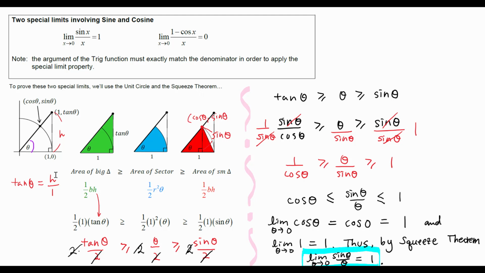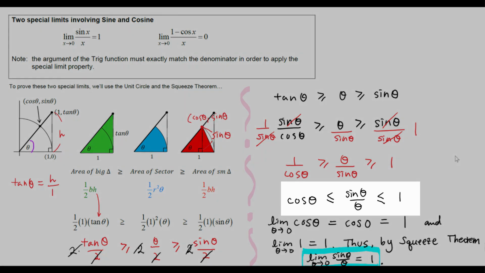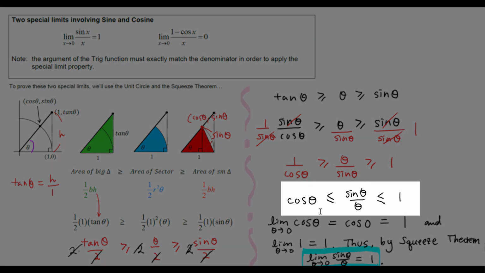So let's say we have all this so far, and we got here where we have cosine theta less than or equal to sine theta over theta less than or equal to 1. And this is where we're going to start because there's no reason to go over the same thing all over again.